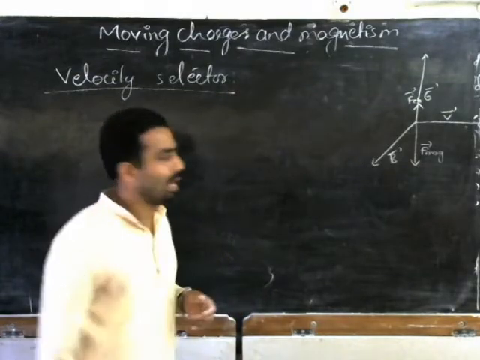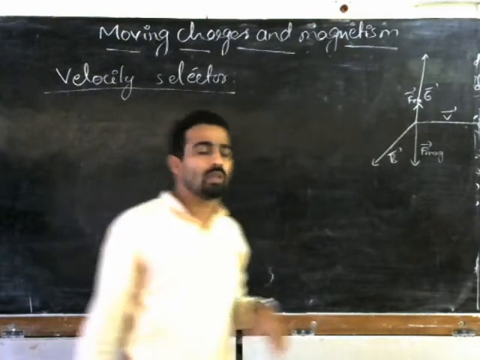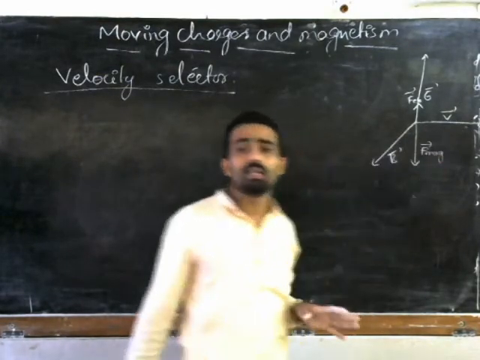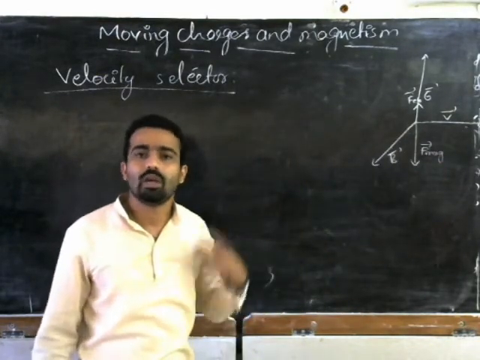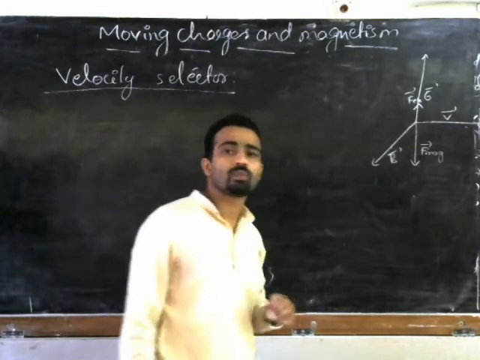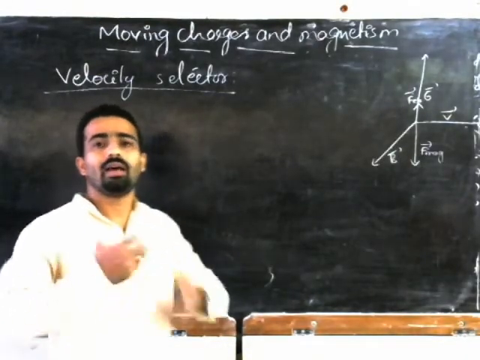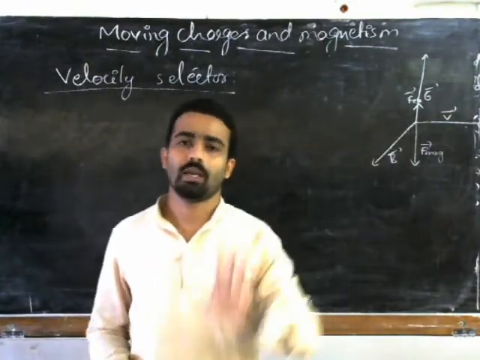These are the two forces, due to the electric and magnetic fields, in opposite directions. Along that direction, the particle with the velocity v is moving. If this is the situation, then how can we select our required velocity of a charged particle?